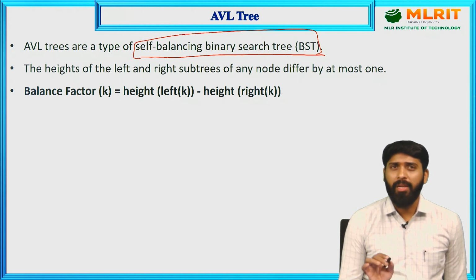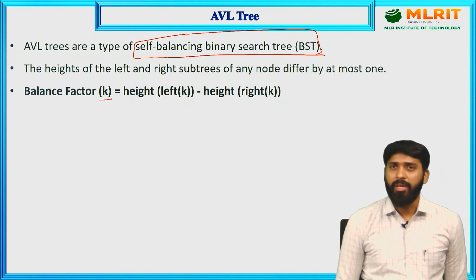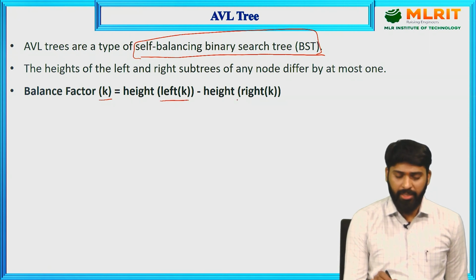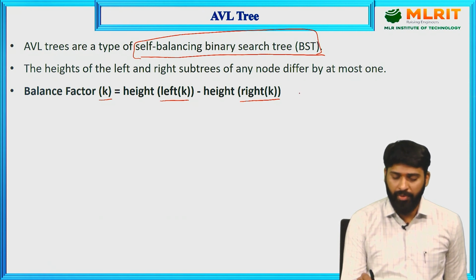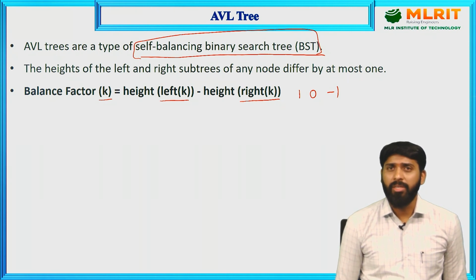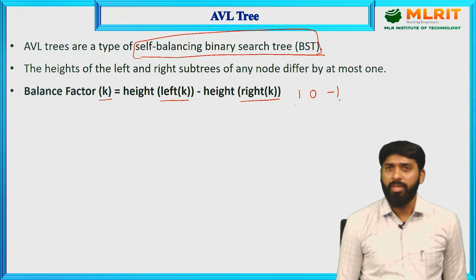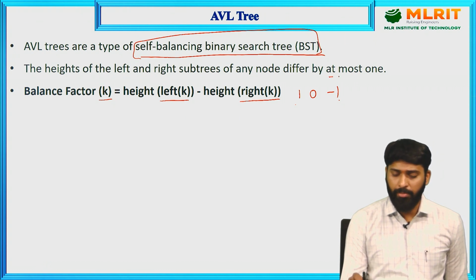The balancing factor of a node k equals the height of the left subtree minus the height of the right subtree. Here the balancing factor is either 1, 0, or minus 1. If the balancing factor is more than 1 or less than minus 1, then we say that the binary search tree is not balanced. The heights of the left and right subtrees of any node differ by at most 1.